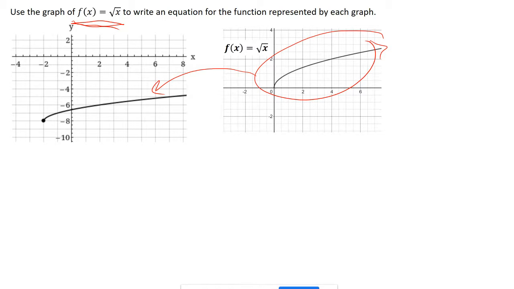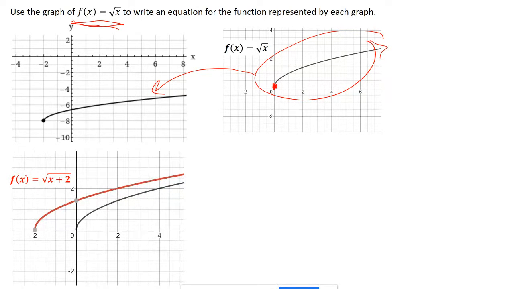In the chat, if you like, what would we have to do in order to get this picture to be where this one is at? You can take one point, and that's the point you can move around. Okay, so what if I add a 2 in the square root? Since I'm adding a 2 in the square root, that's going to make my parent function move to the left side.